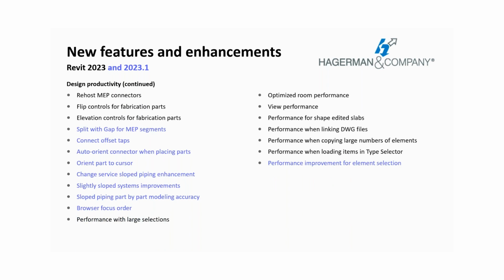And here are even more features for design productivity. Again, I will pause so you can peruse the list, and these will be some of the ones we will be going through this morning.